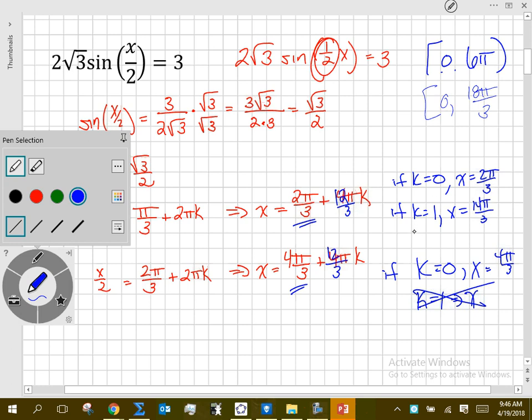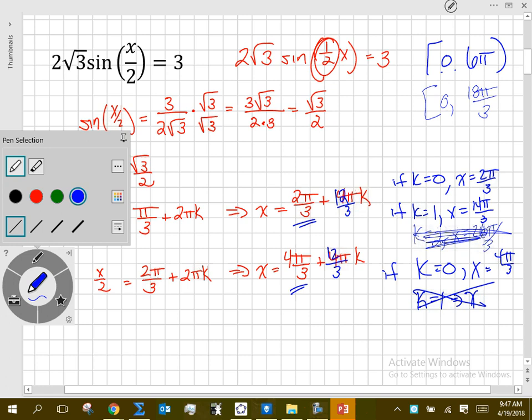Yep. So then I try k equals 2. If k is 2, now I have 24 pi over 3 right here, plus 2 will be 26 pi over 3. Do I use 26 pi over 3? No, it's bigger than that one. So I can't use k equals 2. I would just use k equals 0 and k equals 1, and then use k equals 1 in that bottom one as well. Is that okay? So you don't really know how many k's you're going to use, kind of like you did with multiple names.